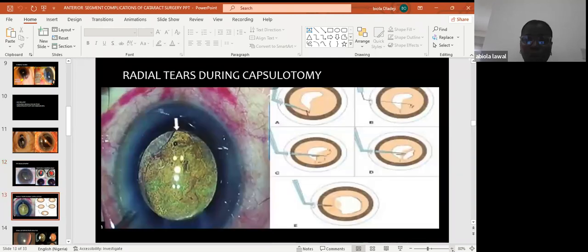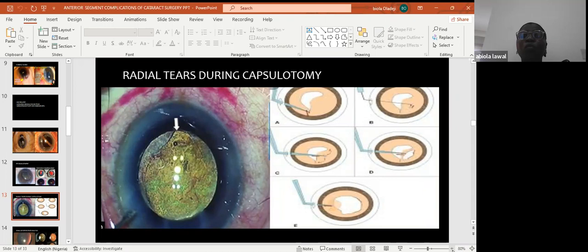Radial tears can occur during capsulotomy. The problem with this is that it can run posteriorly and cause a PC rupture. So while performing a capsulotomy, it's always helpful to have a steady hand while in the AC.